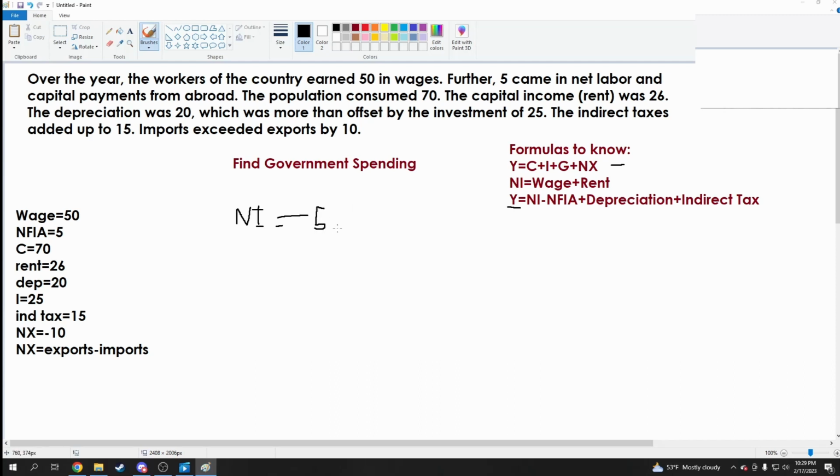Our wage is 50. Our rent is 26, which leads NI to being 76.